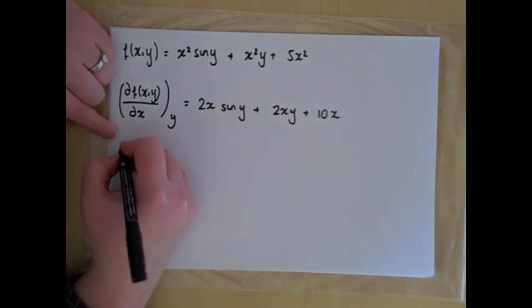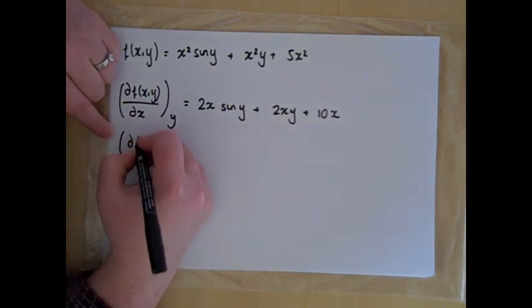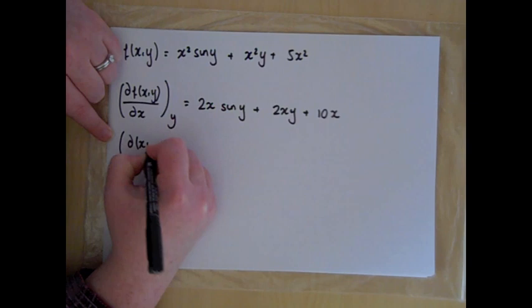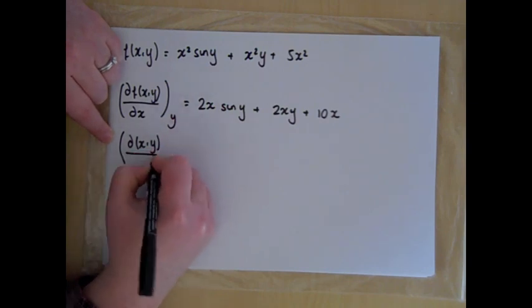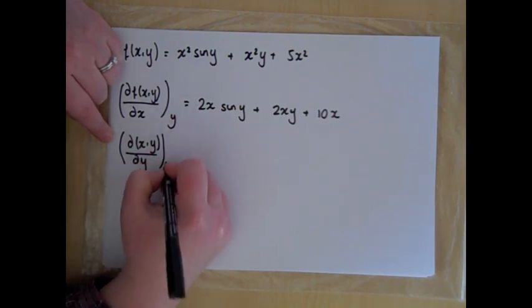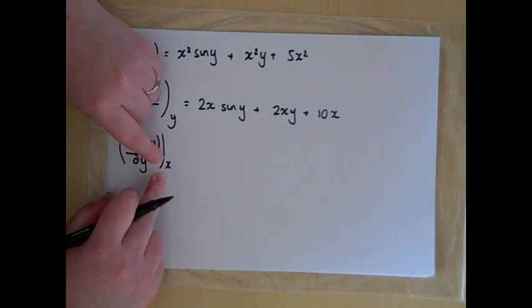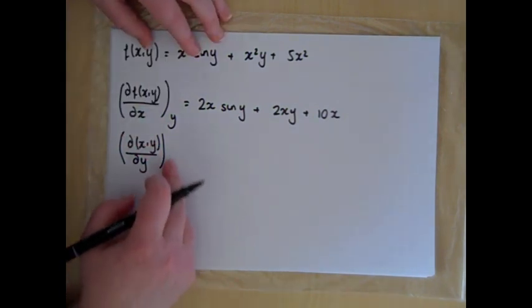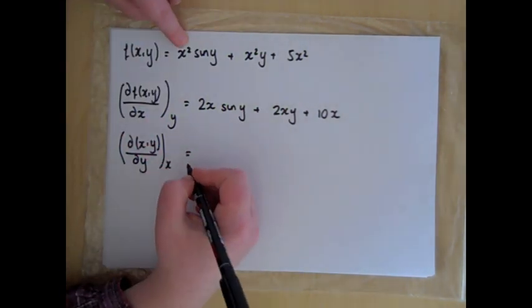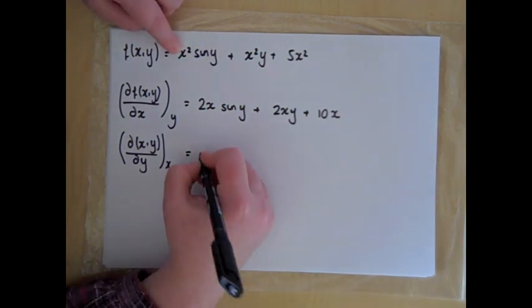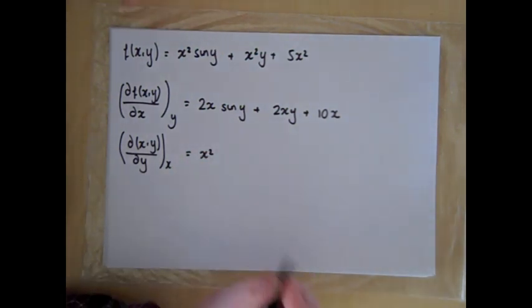I can now differentiate that with respect to y instead of x. So this time I'm at constant value of x. This is what this subscript here means. And so if I differentiate this with respect to y, x squared is just a constant. It doesn't matter.